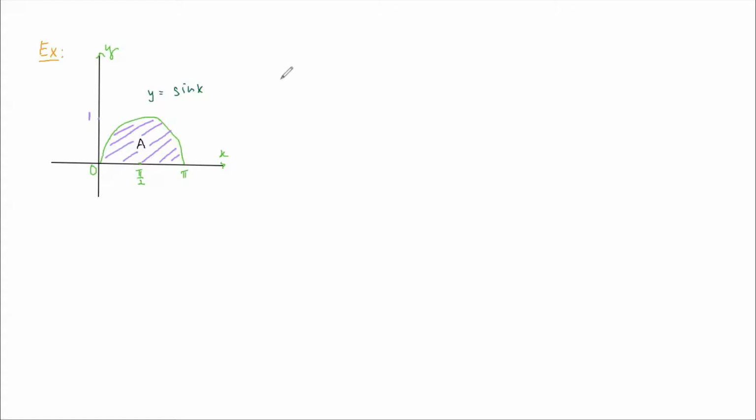So we can get the integral of sine x dx, from 0 to pi. Now you integrate sine and it becomes minus cosine, correct? So we have negative cosine x, from 0 to pi.